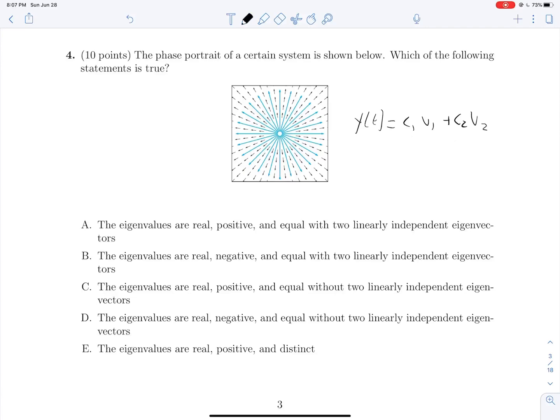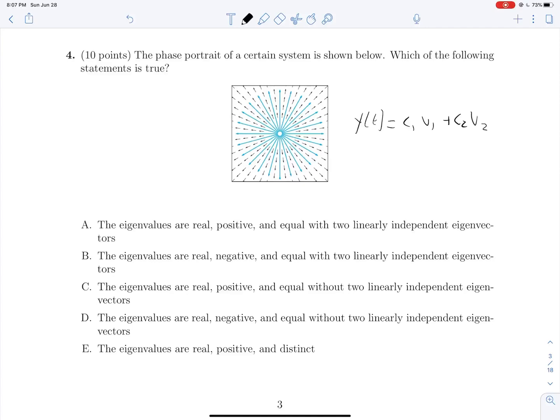What does it say about these two if we can get a vector out of it that points in every single direction? Because if you look here, it's pretty clear to see this system is producing vectors that point literally anywhere, and they're always radial out from the origin.